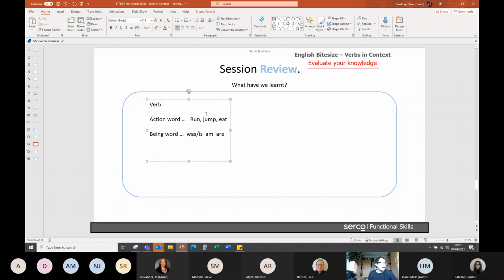Why are verbs really important in sentences? What kind of job do they do, other than tell us about the action? Yeah, good. So verbs set the tense. Exactly. Whereabouts in a sentence do we find verbs most commonly?